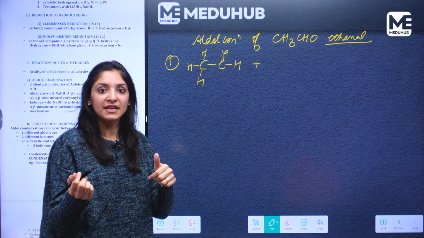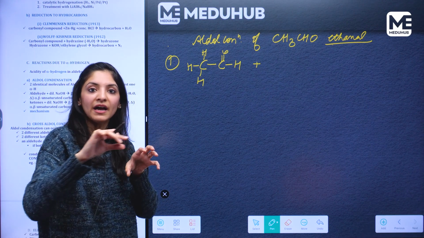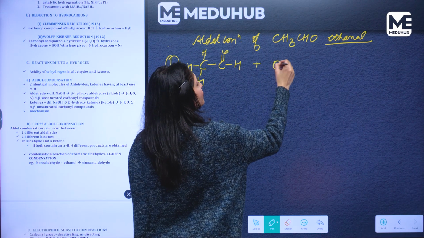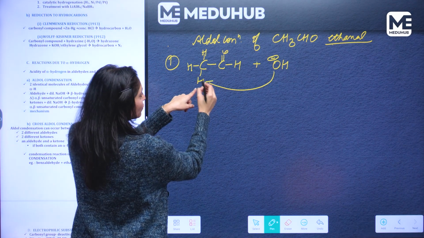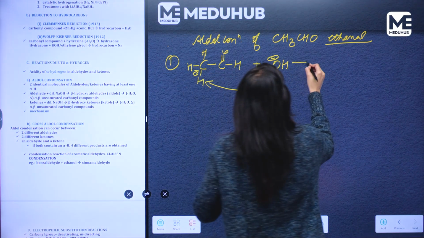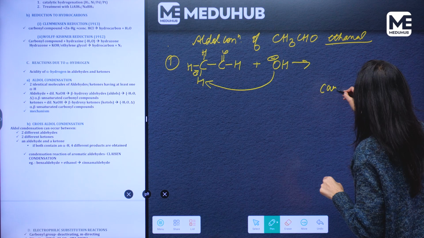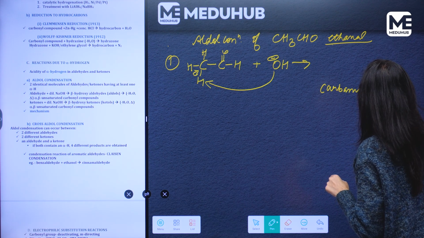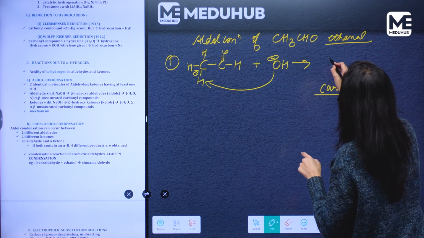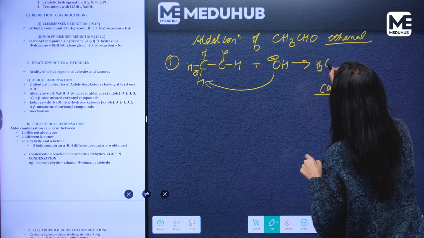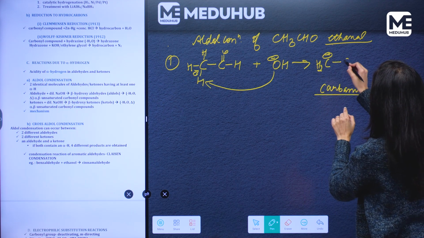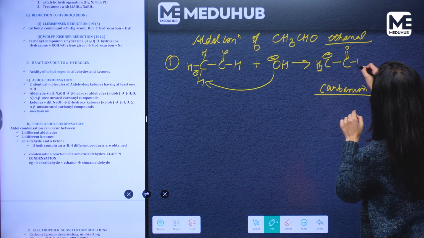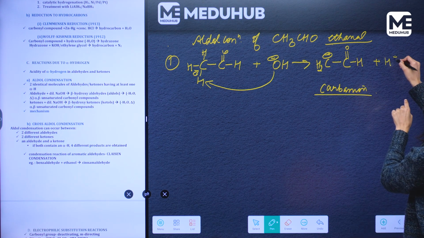These reactions are base catalyzed because the base can take away the alpha hydrogen. So in the presence of a base, this base will take away this hydrogen and a carbanion will be formed. So first step is the formation of a carbanion. Now this carbon will have a negative charge. This carbonyl group is here, plus H plus.